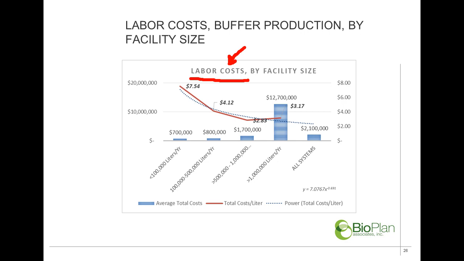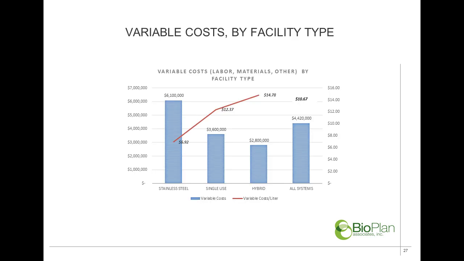Again, you can see that the labor costs decrease, but not as much as they did for some of the other functions. They decrease because as you produce more, it's not a linear decrease. So you're looking at cutting it in half. The larger facilities are able to cut their labor costs in half in terms of how they price out that component.